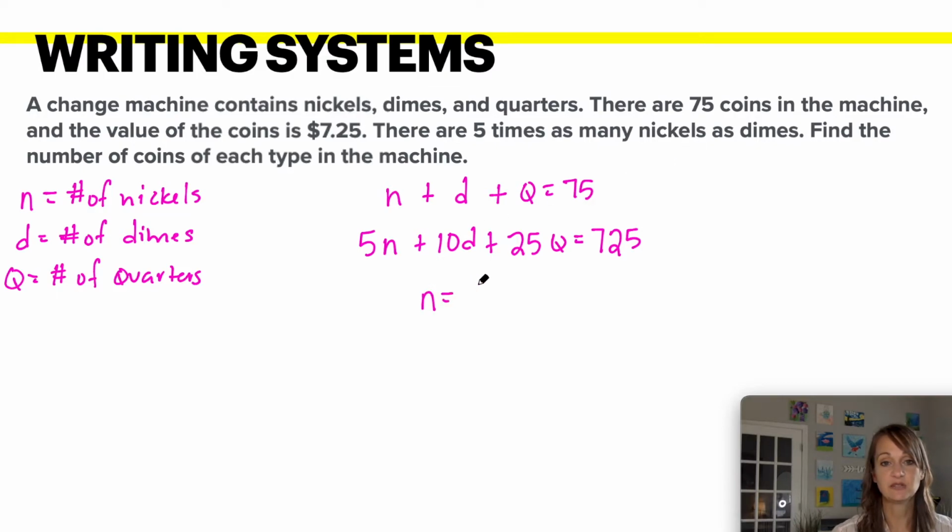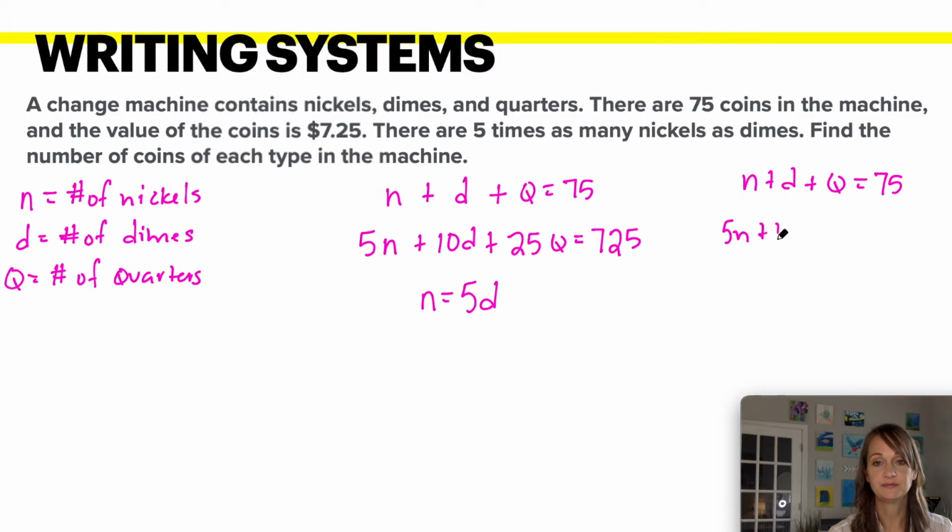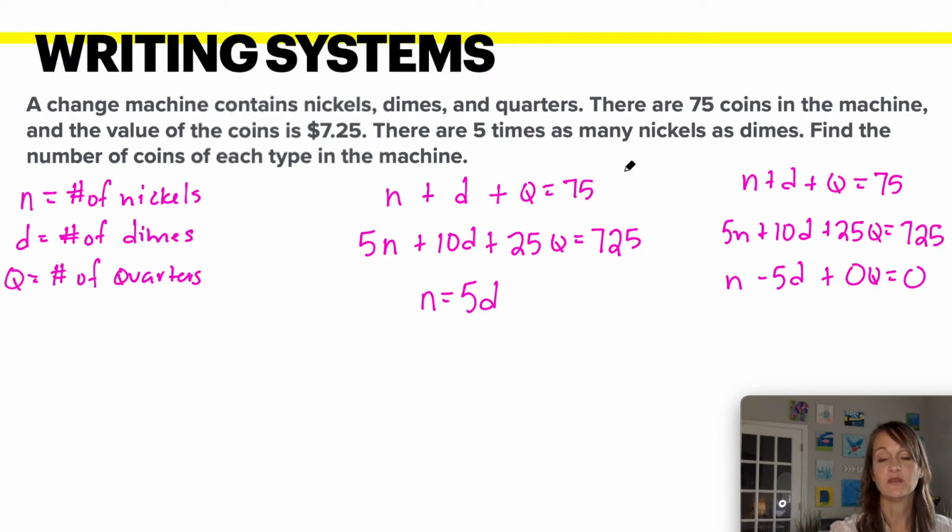The top two equations are already written correctly. The variables line up, but in order for the bottom one to line up, I will need to subtract 5D. There are no Q's, so I'm going to use 0, and that equals 0. Again, that is a system of equations, and I will come back at the end of the video to solve it.